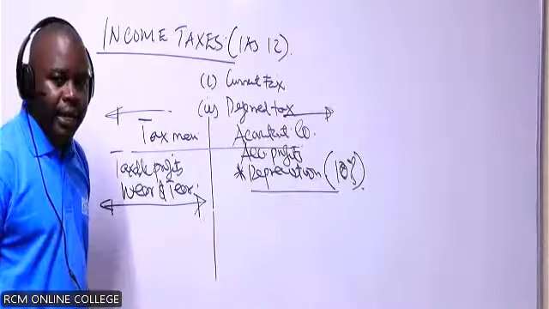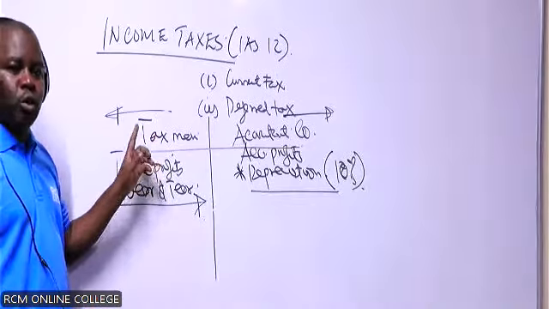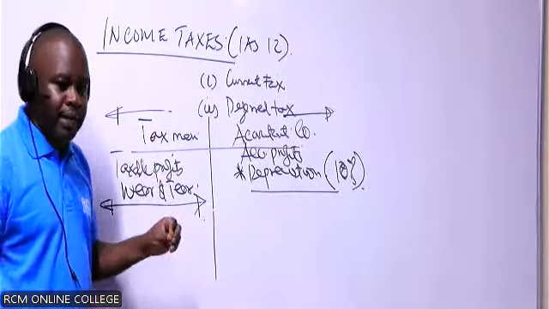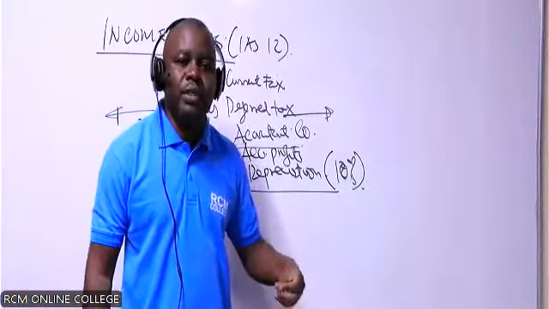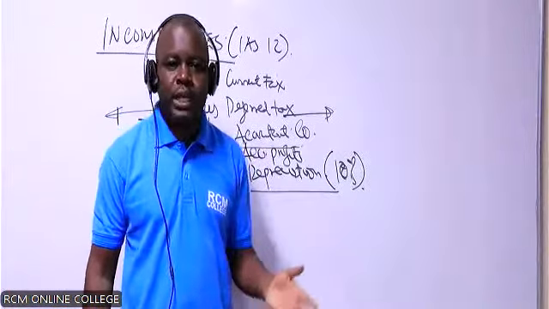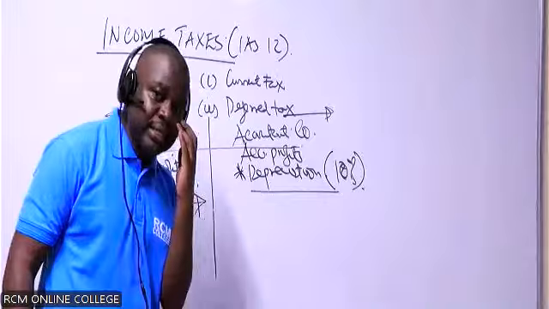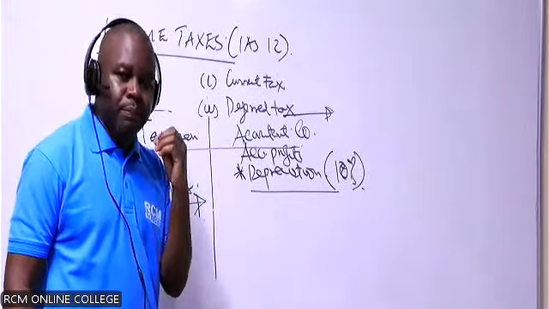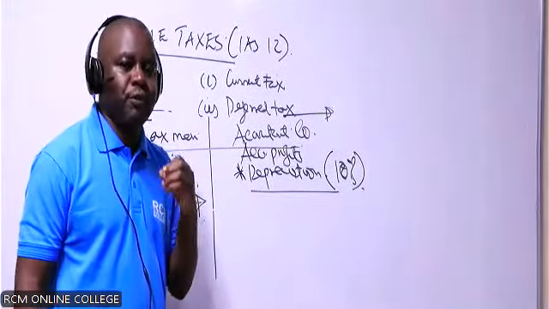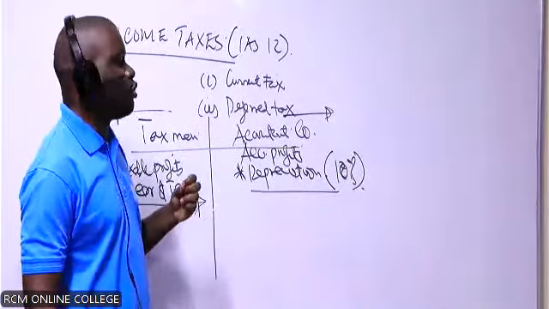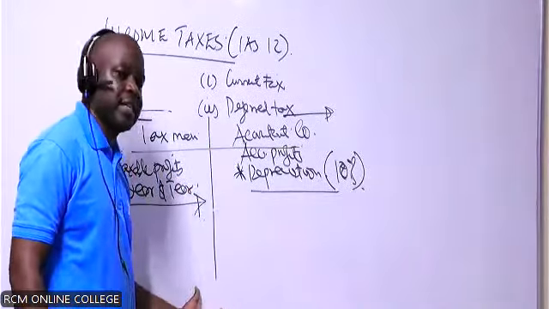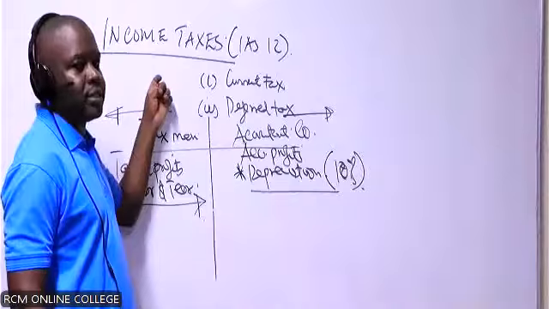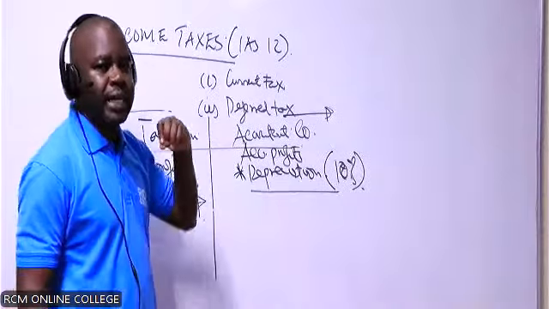And therefore, you realize that how the taxman computes the profits to be taxed in a company is different from how the accountant computes the accounting profits for the company. As a result of this, it brings about differences. These differences, under income taxes, we use the term temporary differences.